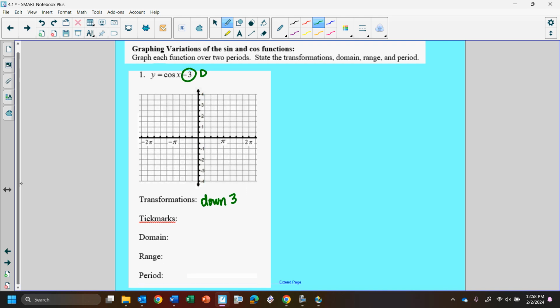All right. So to draw this graph, we're going to do DAB. D-A-B. DAB. The D stands for, what was the dividing line? And the dividing line, remember, is that D value, which was negative 3. So this D is negative 3 or down 3.